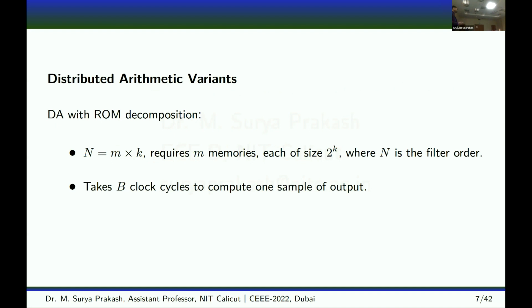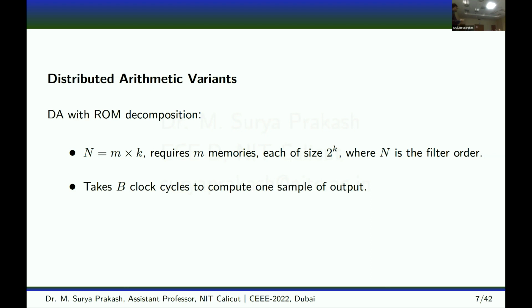So we have some variants in this distributed arithmetic architecture. Whatever was presented earlier concludes that given 2 vectors of length capital N, we need a memory of size 2 power N. And if we are going for very large length vectors, let's say the length of the vector is 256, in that case, we need a very huge memory, which is 2 power 256.